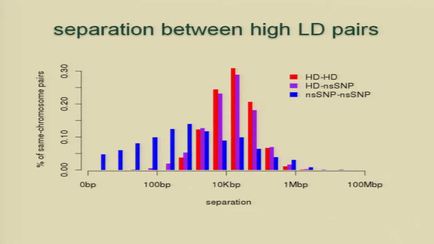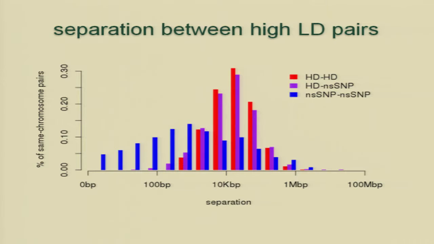And looking at separation between those pairs, where we do find high R-squared between pairs of high density or between high density and non-synonymous, most of those are separated by 10 kilobases out to a megabase.